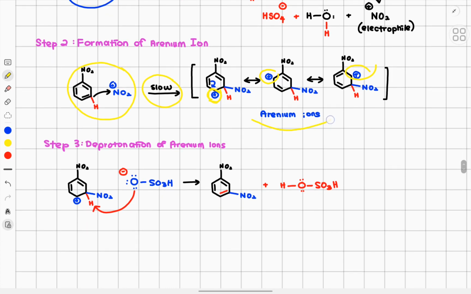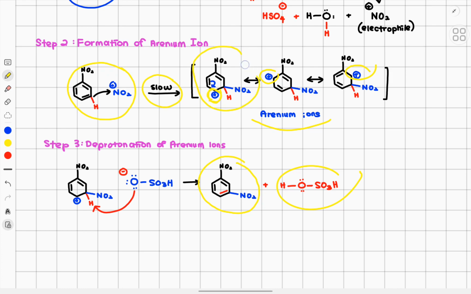As the arenium ion is the intermediate, we need to stabilize it to form the benzene derivative as a stable aromatic compound and reform back the H2SO4.